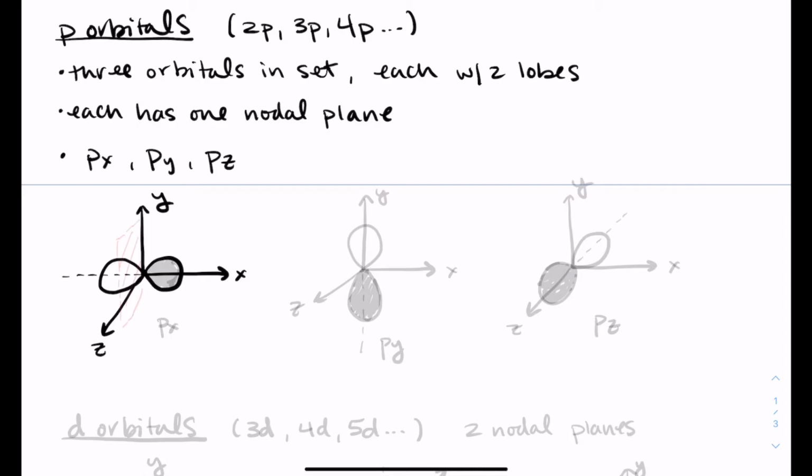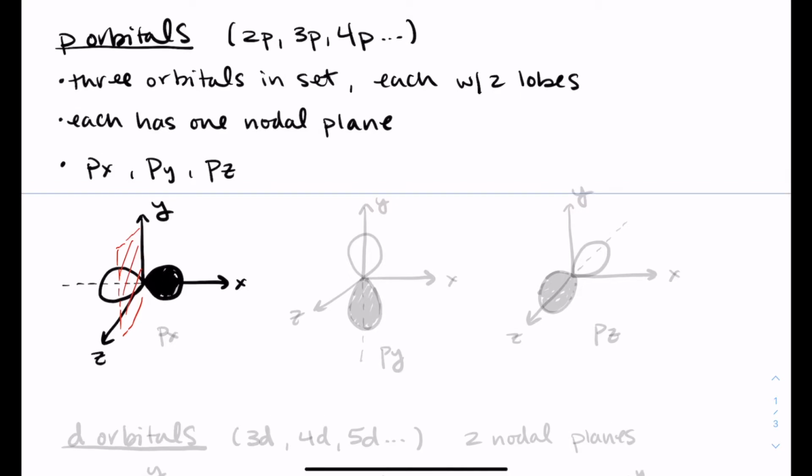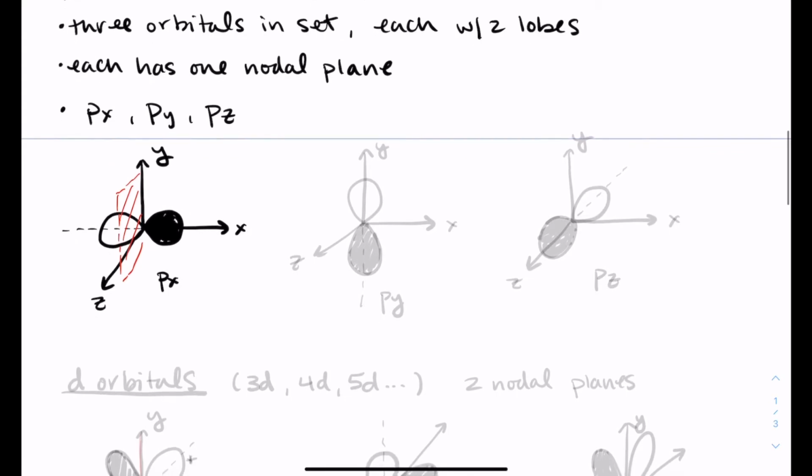So this is the px orbital that is on the x-axis. The nodal plane goes right through the middle, right? So that's a 0 probability of finding the electron at the origin. So I shade one side and I don't shade the other, and it doesn't matter which side you shade.